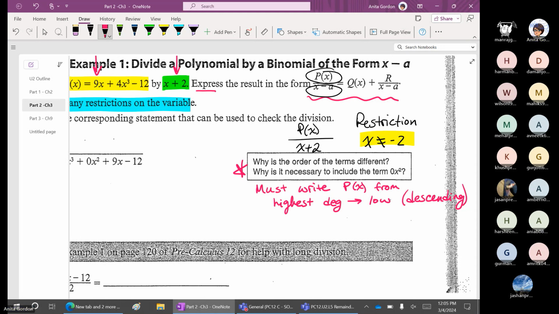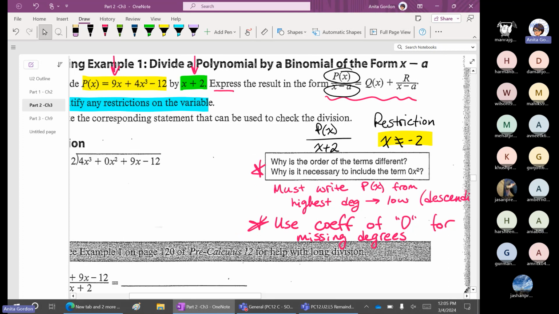The other thing we need to do is use a coefficient of 0 for missing degrees. Okay, so if my highest degree is 3 as in this case, I need to have something for x. You need every degree to be represented.